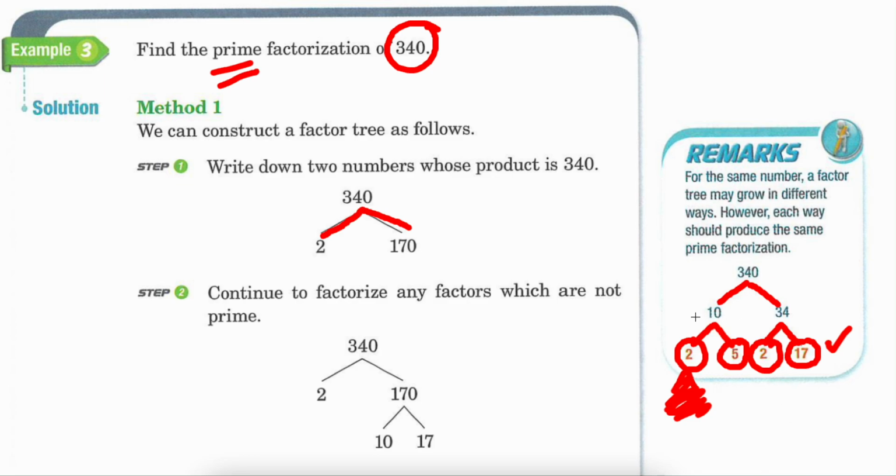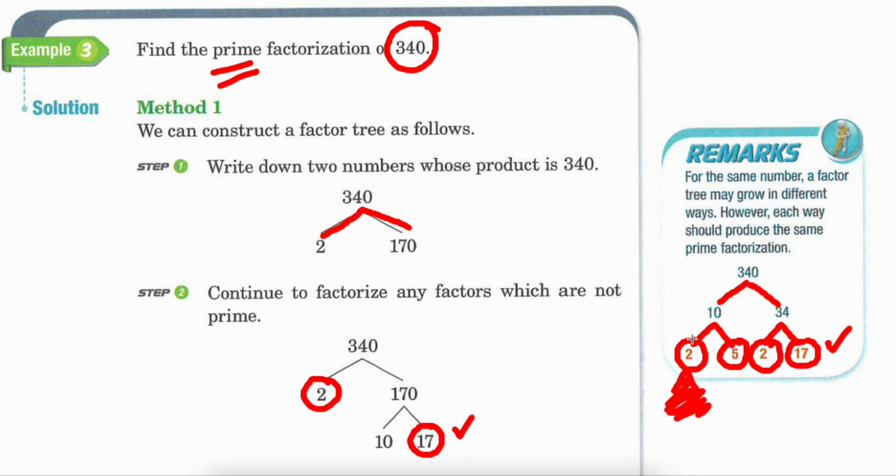Okay? But let's say you didn't break it down to 10 and 34, you broke it down into 2 and 170. Then you would see 2, that part of the factor tree is done because I can't break it down anymore. Then I'm going to move on to 170. Clearly 170 can be broken down into smaller factors. Let's say 10 and 17 because it ends with 0. Okay? I'm actually then going to circle 17 because I can't break down 17 anymore.